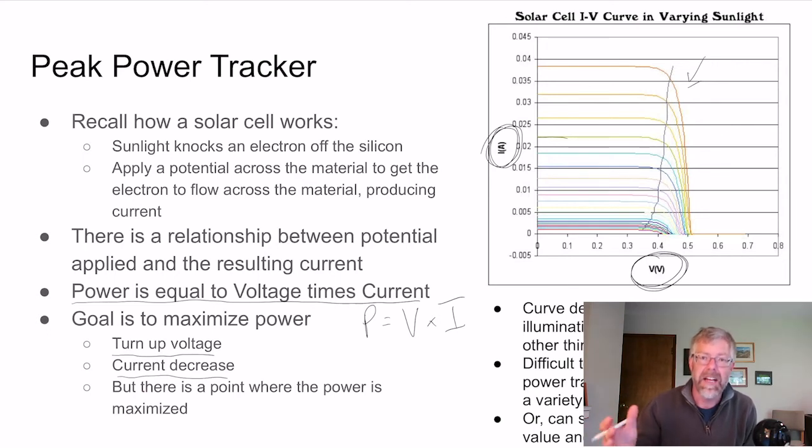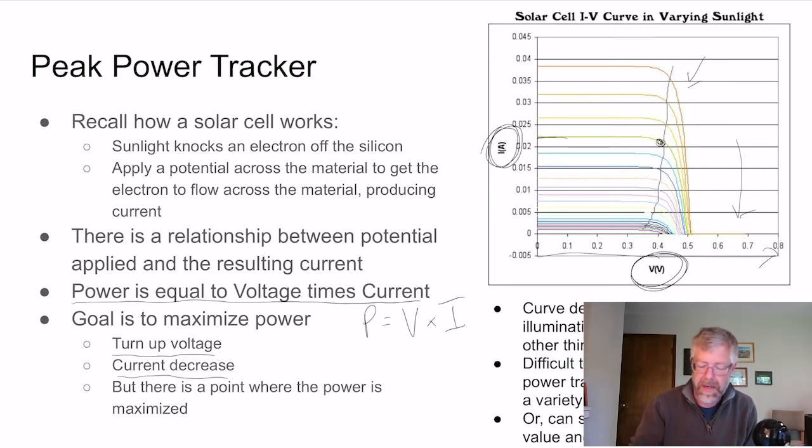What a peak power tracker does is sweep through voltage. It increases the voltage until the current starts to decrease, and then it tries to figure out where you get the peak power.